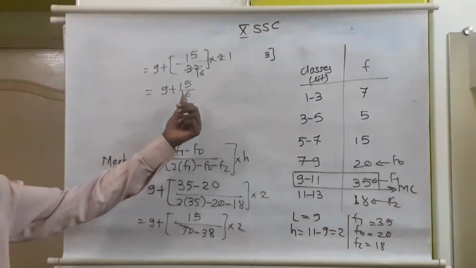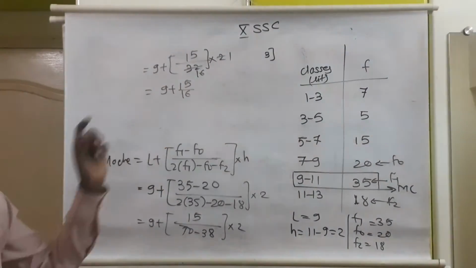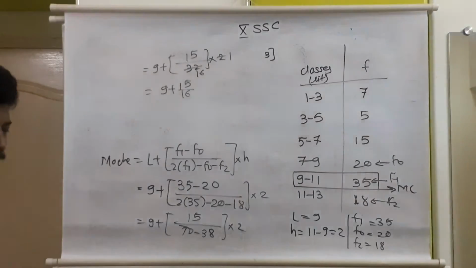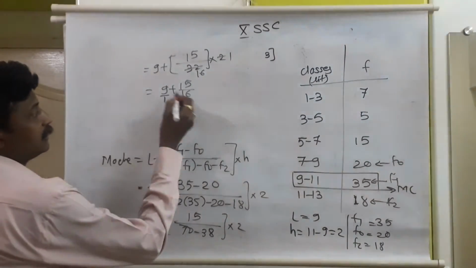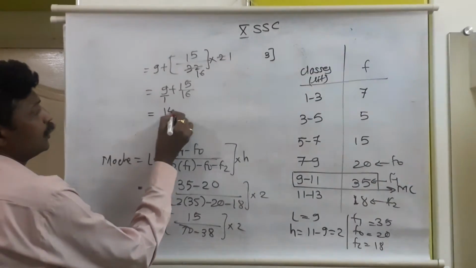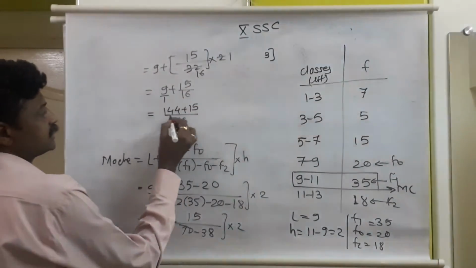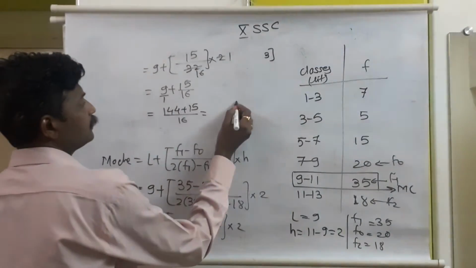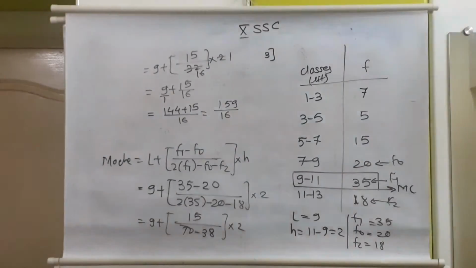Either divide 15 by 16 and add it into 9, or by cross multiplication also it is possible. Suppose by cross multiplication, it can be 16 nines are 144 plus 15 ones are 15 upon 16 as it is. Total will be here 159 upon 16.